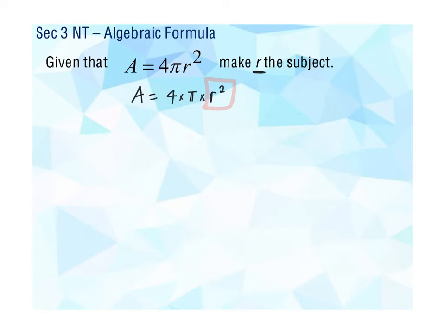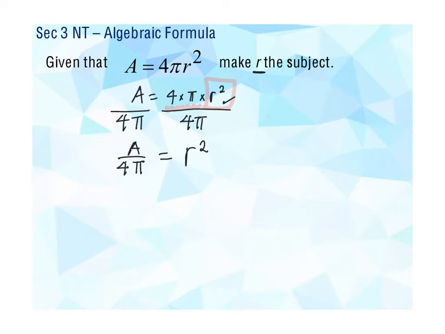I will need to get rid of 4 pi first. Now this is multiplication, so we need to do a division. But for algebra, we do not do division, we write over 4 pi, over 4 pi. So on the right hand side, we are left with only r squared. And here will be A over 4 pi.